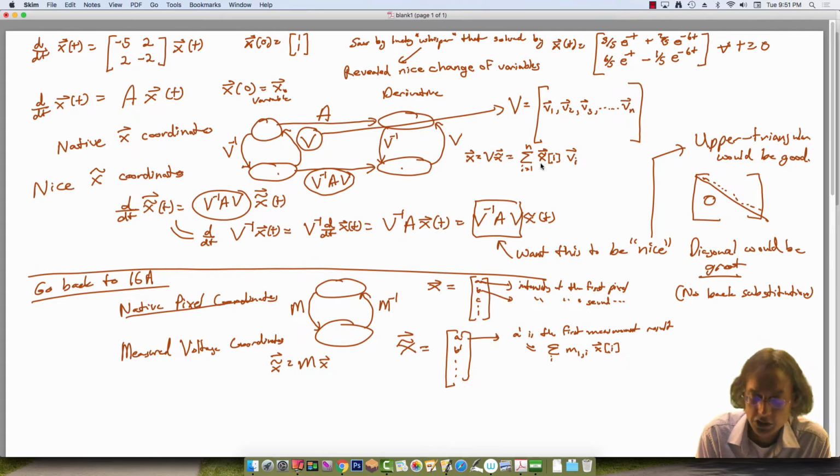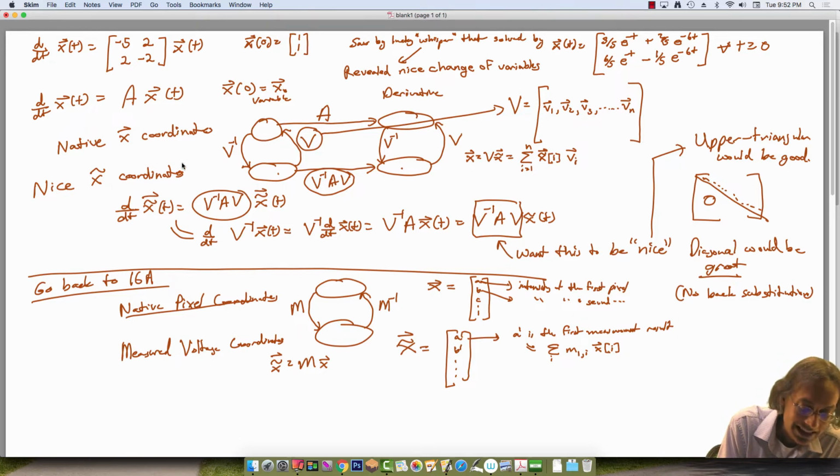This should remind you from 16A of writing something in a particular basis. So the vector x can be thought of as the sum of these x tildes times the vi.